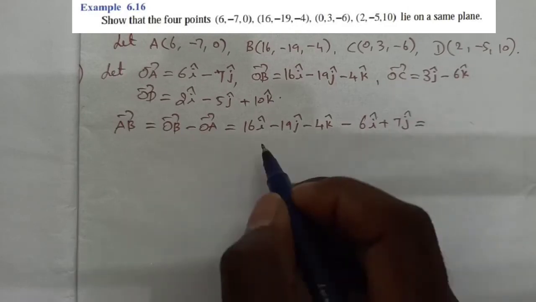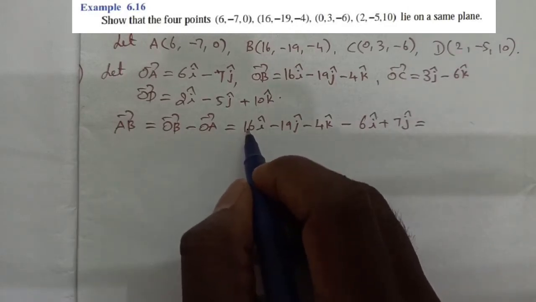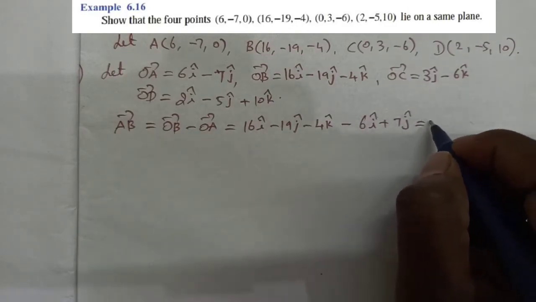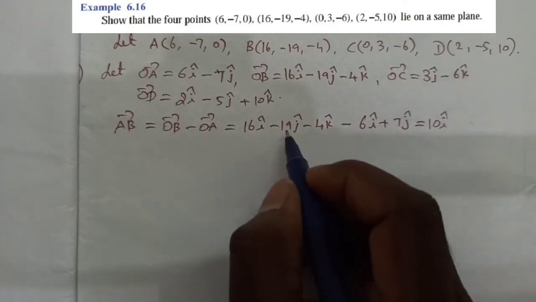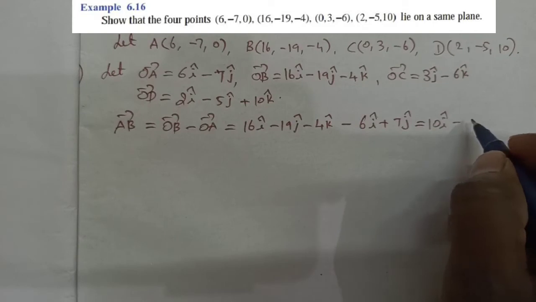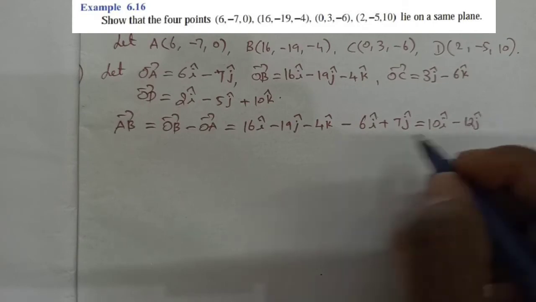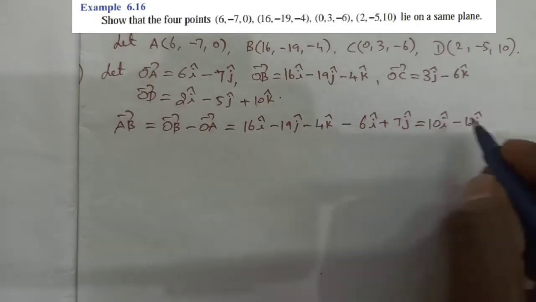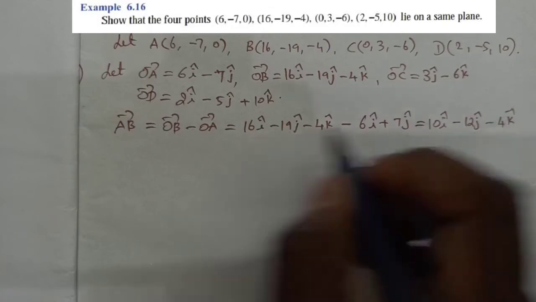If we separate this, 16 minus 6 is 10i cap. Next, minus 19j plus 7j is minus 12j cap. Then minus 4k cap. This is the AB vector.